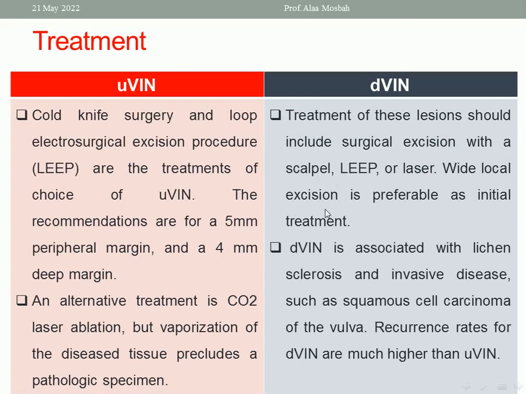Let us see the treatment of UVIN and DVIN. In UVIN, the usual VIN, we can use either cold knife surgery or the loop electrosurgical excision procedure, and this is considered the treatment of choice.